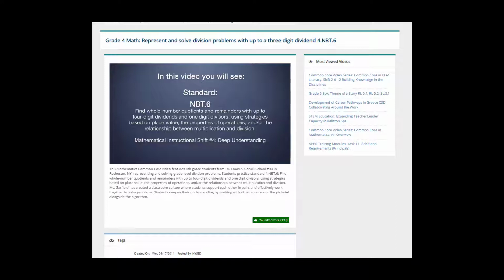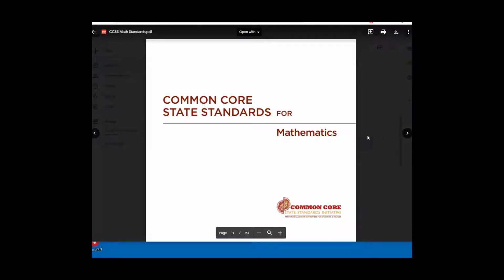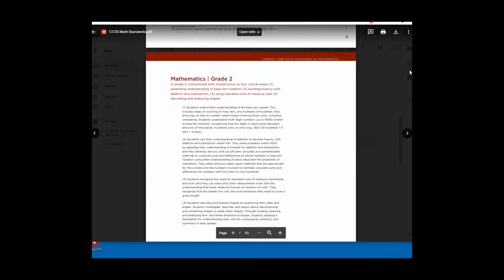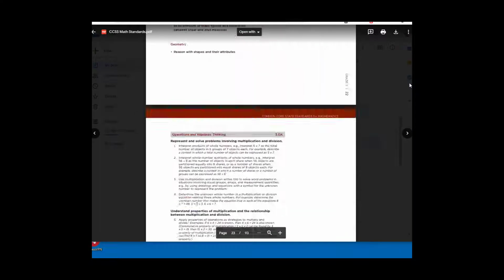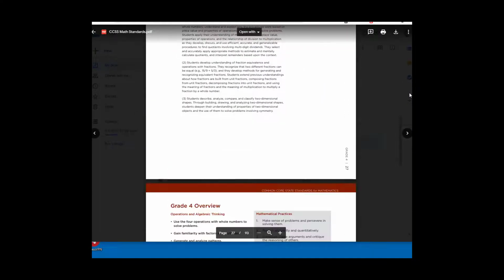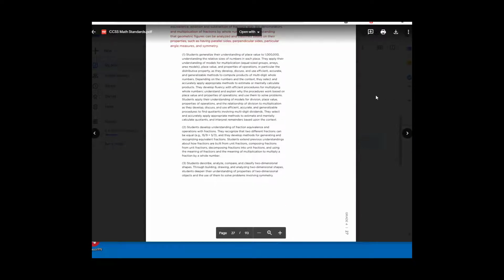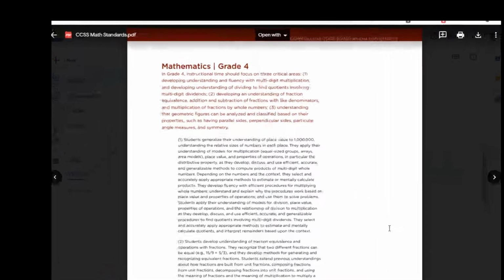So let's go ahead and go to the Common Core State Standards and see to what degree she has met this criteria. Okay, so here are the Common Core State Standards, and I'm going to go ahead and scroll all the way down. Second grade, down to fourth grade. Okay, I want to read the focus standards. So I'm going to take a moment to read this as carefully as I can.